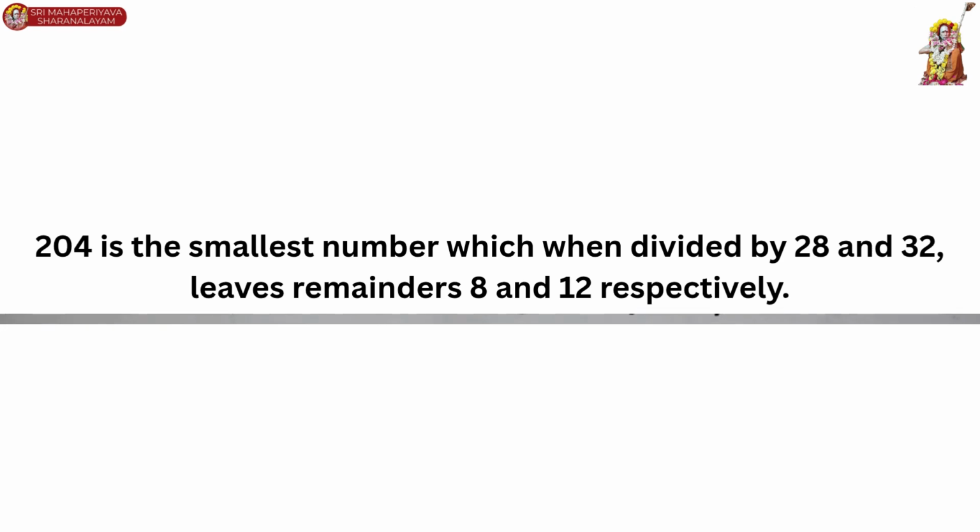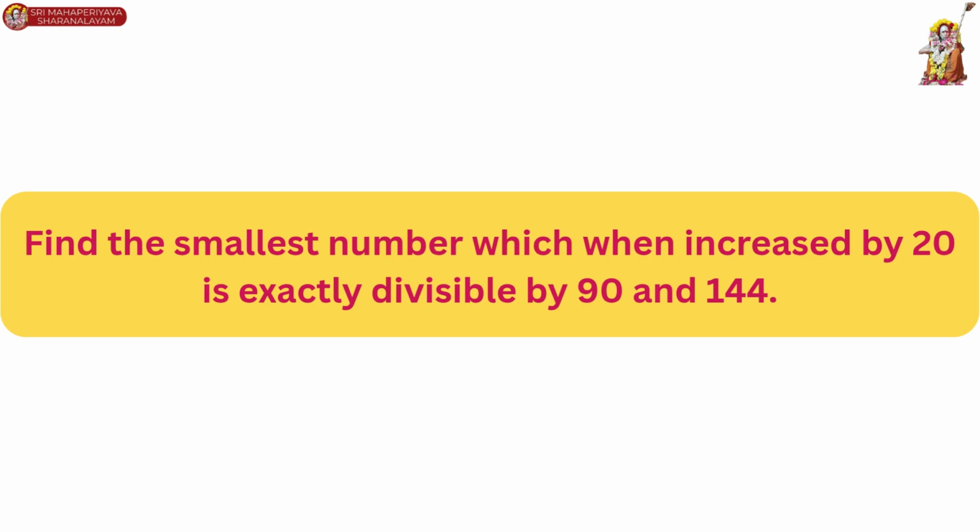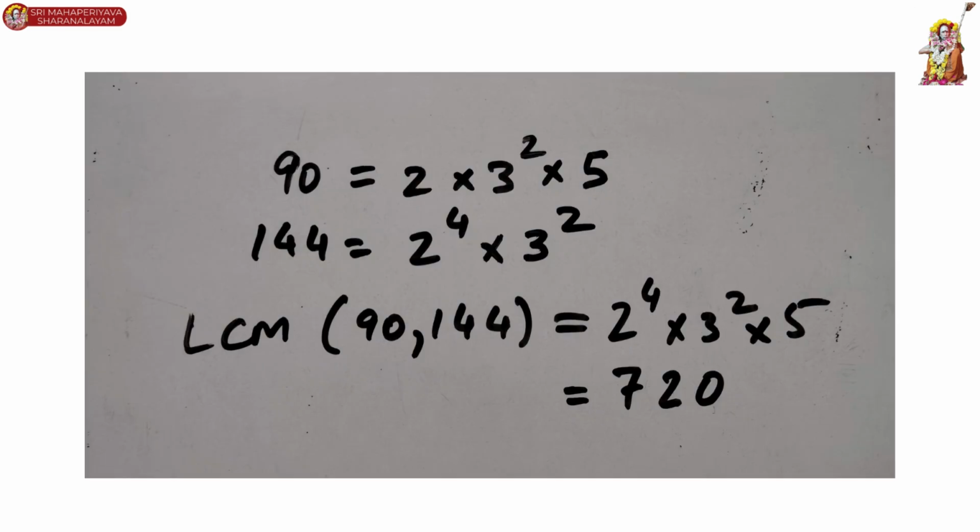Let's go to the next question. Now try to do this one. Find the smallest number which when increased by 20 is exactly divisible by 90 and 144. This is pretty easy. First we find the LCM of 90 and 144, which comes to 720.